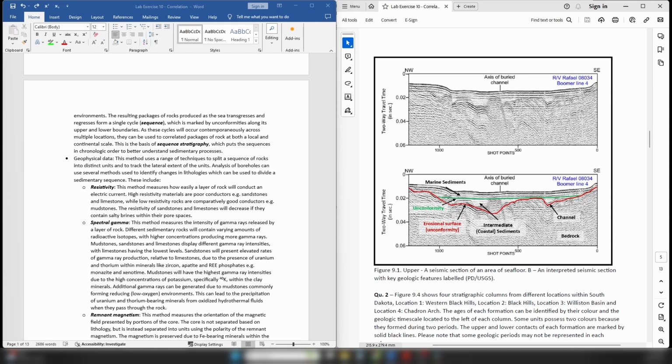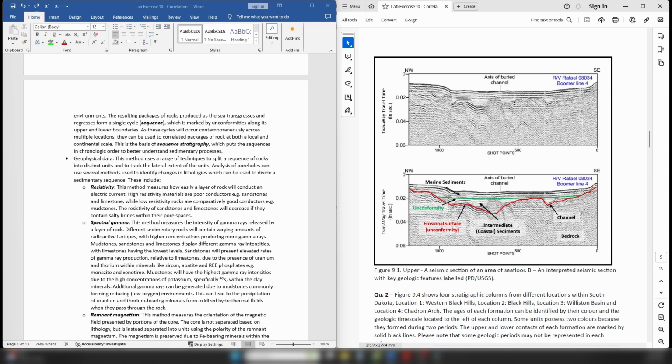In the case of sandstones and limestones, they have quite a high resistivity, so the electric current has difficulty passing through them. In contrast, mudstones have quite a low resistivity, comparatively speaking, so they will conduct an electric current far more efficiently than a sandstone or a limestone.